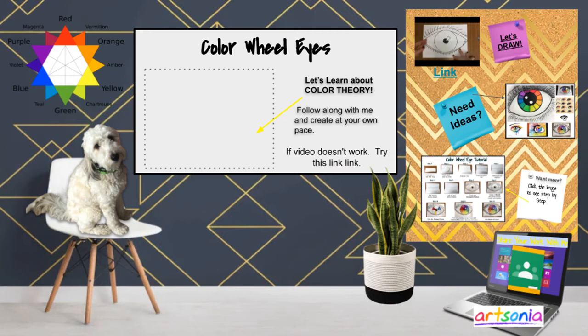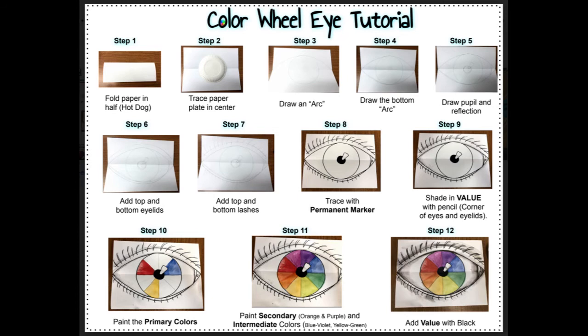If it's not working, there's a little link underneath of it, so you'll be able to open that up in the video. And then also there are the directions, which opens up to the larger version here. So you can look at examples, but then you can also look at how the steps go together. So you know how to draw it, the arc, the pupil, reflection, and tracing it in exactly all the steps that we're going to do.